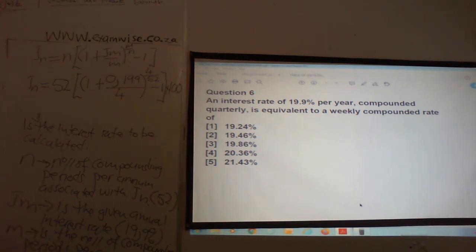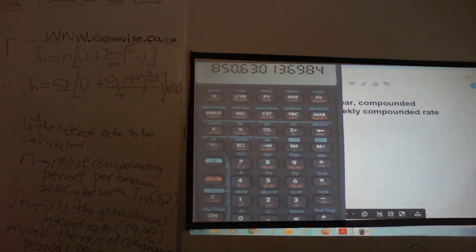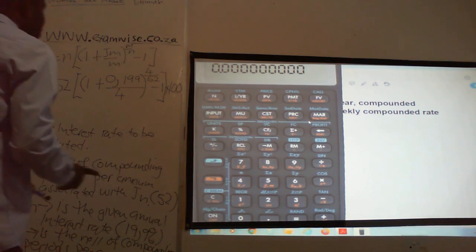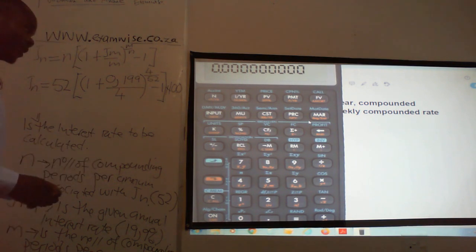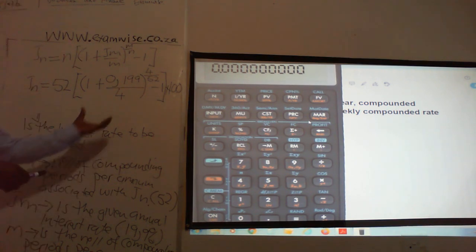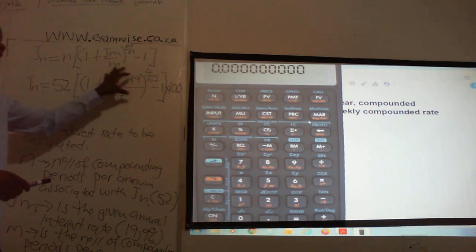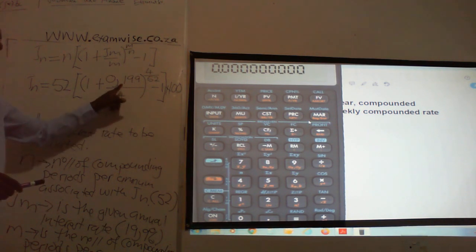So let us now go to our HP financial calculator and punch in the given variables. We must always start by clearing our memory. I hope at this stage you are acquainted with clearing the memory. If we have a situation like this, the easiest way with the HP financial calculator to save time is to start inside the brackets, and we must always start with the fraction.